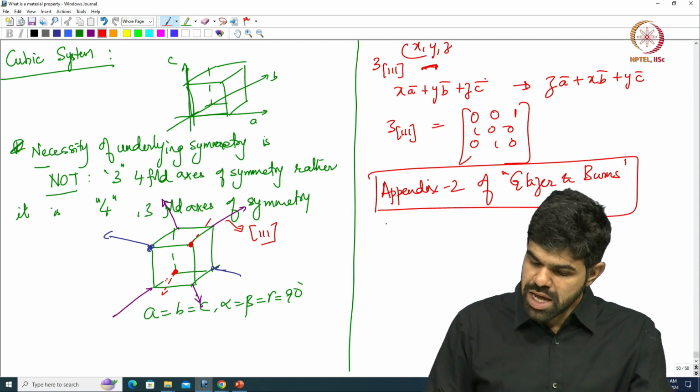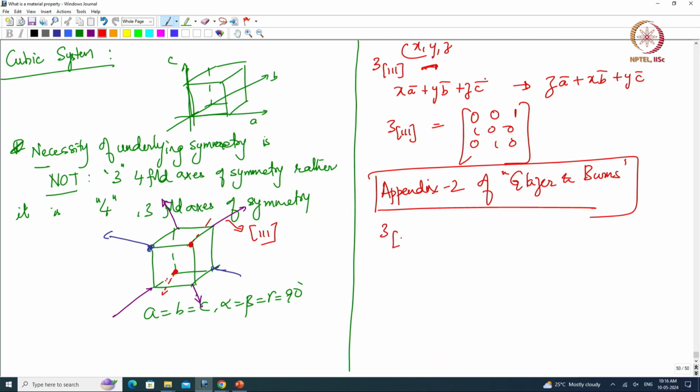Okay. But I also have a 3-fold axis of symmetry about 1 1 1 bar. Now, 1 1 1 bar would transform x a plus y b plus z c into y a minus z b plus x c, right.